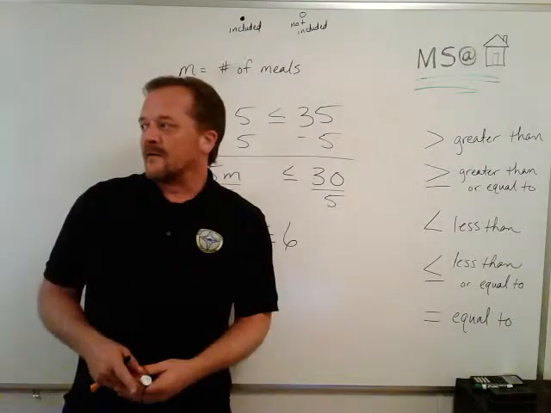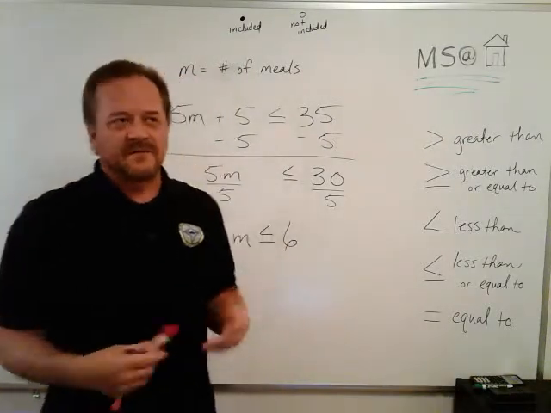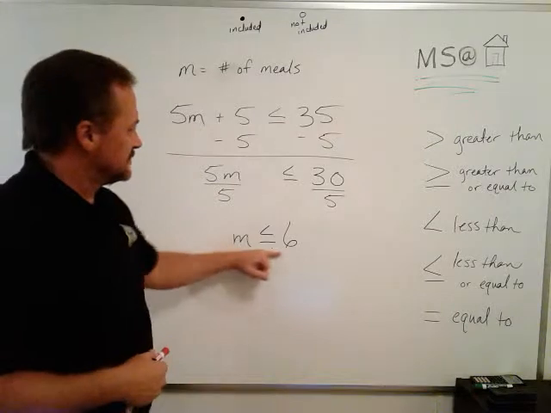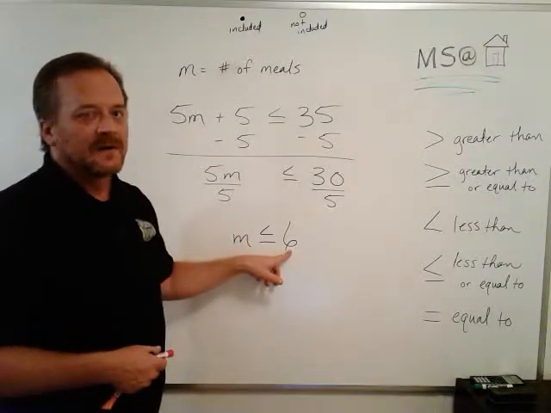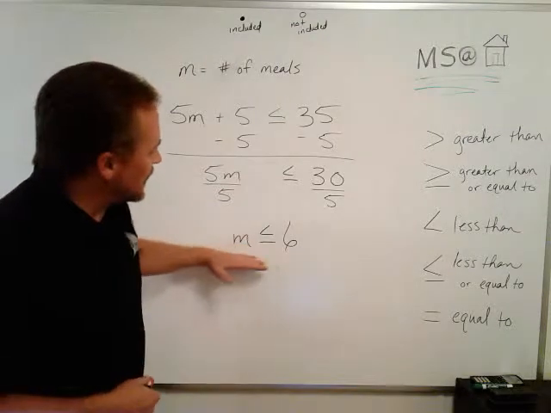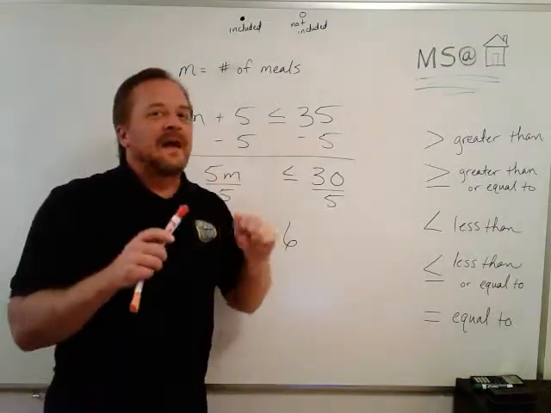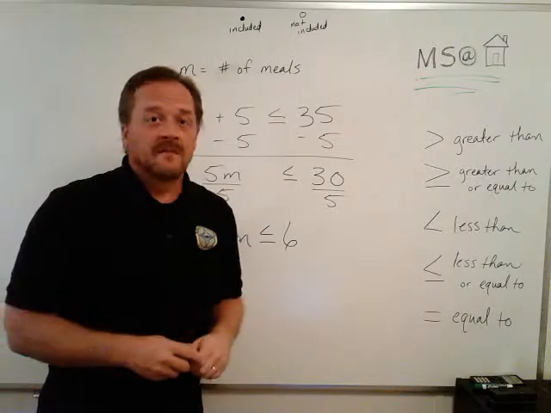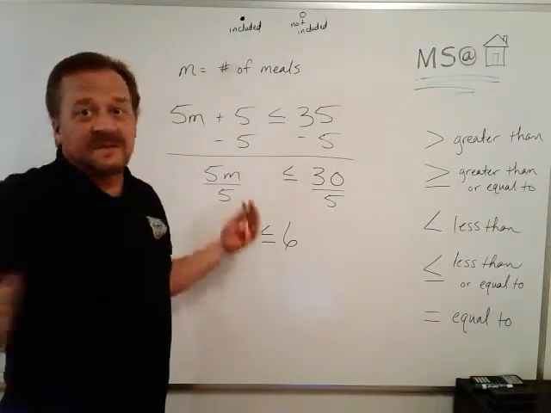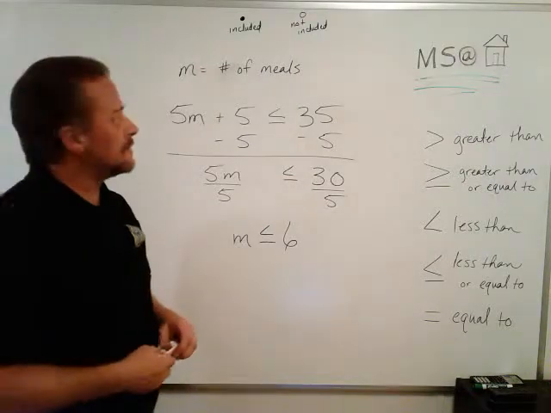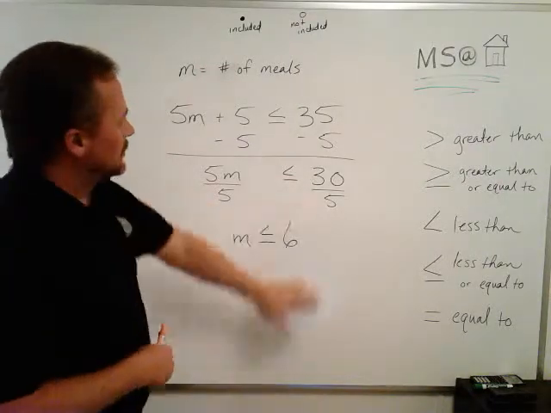I mean, let's say my other friend takes care of most of them and there's only 4 people left who need meals. Is 4 less than or equal to 6? Sure. So this statement right here means that I cannot feed any more than 6. I can feed 5. I can feed 4, 3, 2, 1, or 0, right? Okay. There's that.